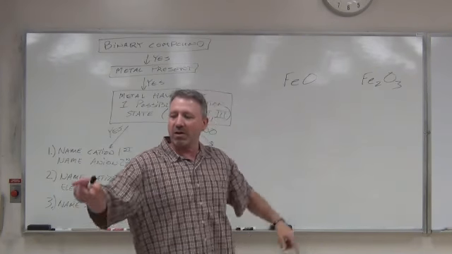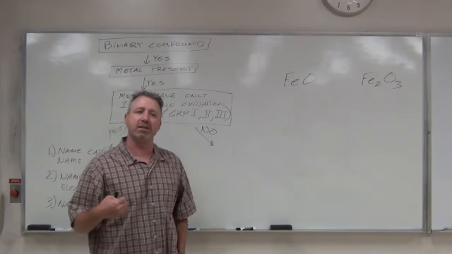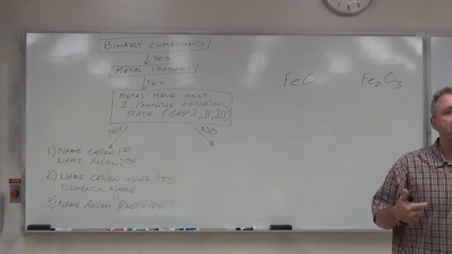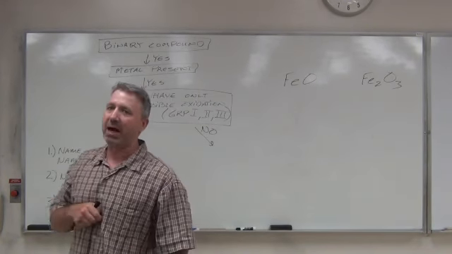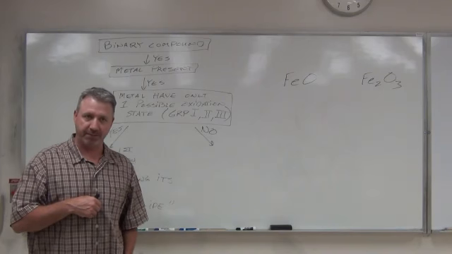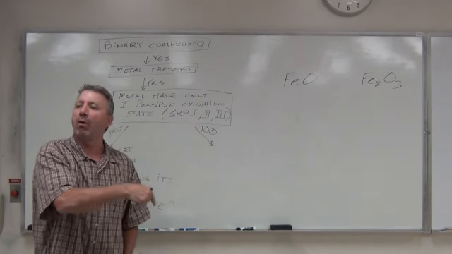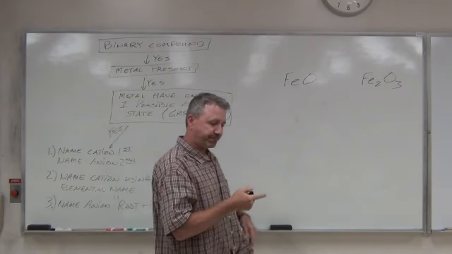We look on our periodic table and we see that iron is one of those elements at the bottom of the list. Iron is one of those metals that is capable of having multiple positive values. It can be iron 2 or iron 3. We have to say in the name what the charge is on the iron. How do we do that?